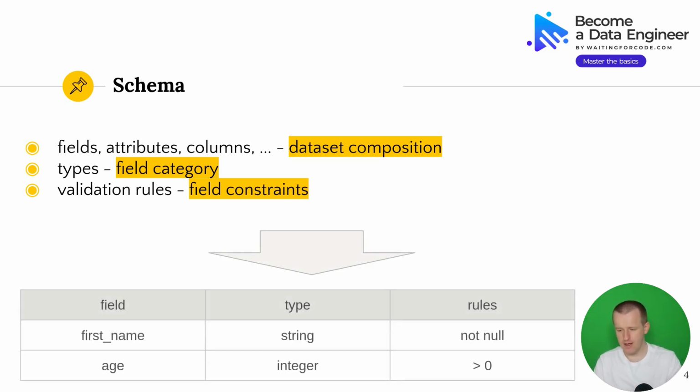For example, here we have a sample schema where the field is first name of type string, and the rule is that it cannot be null, and the field age is an integer that cannot be 0 or lower, sorry.